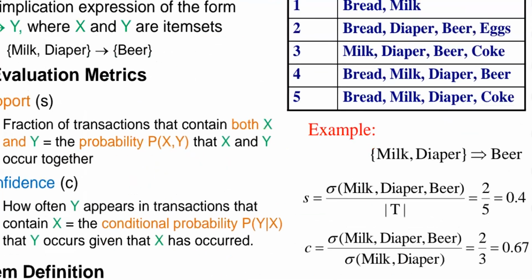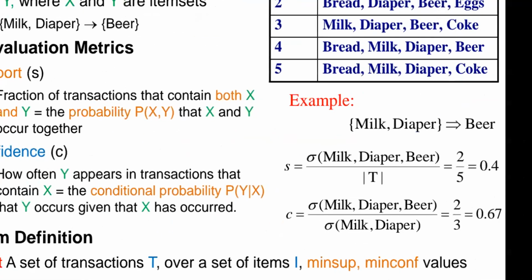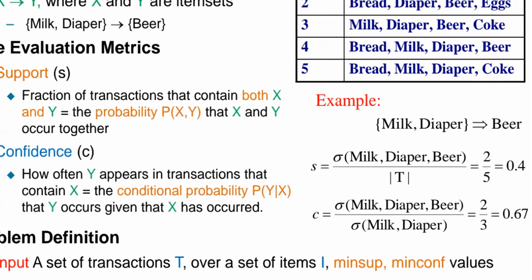So it is 2 by 5, which gives 0.4. That is the probability for the support.